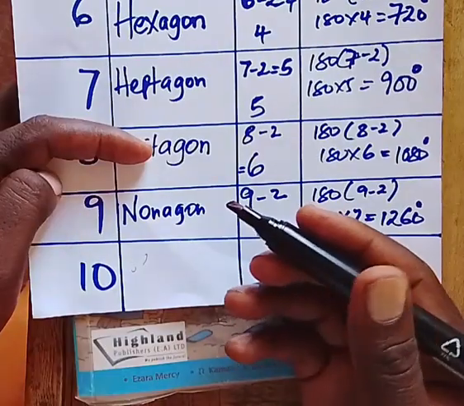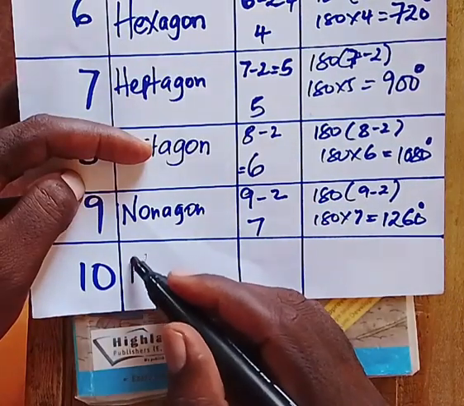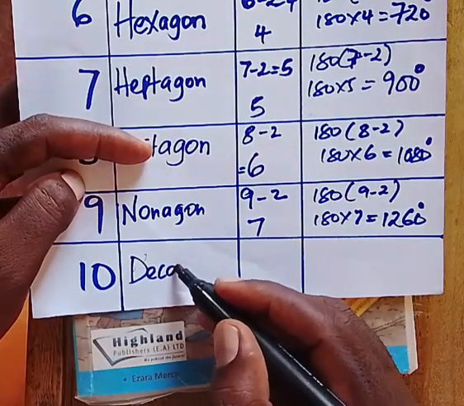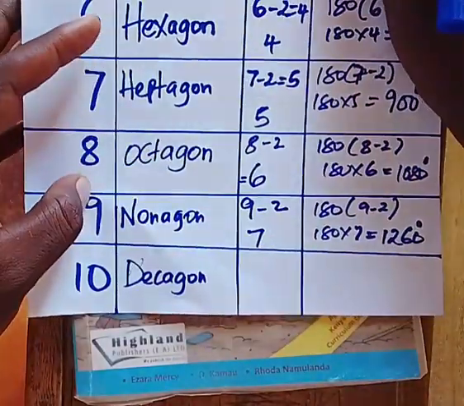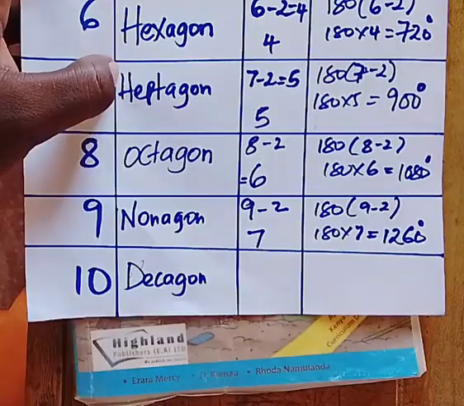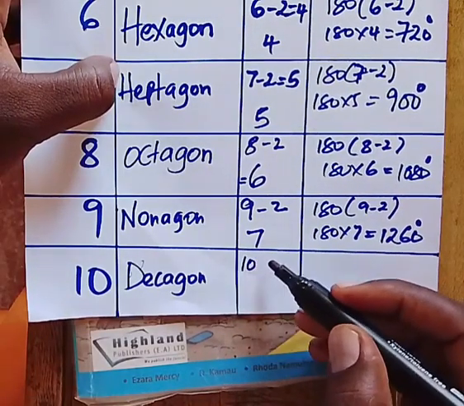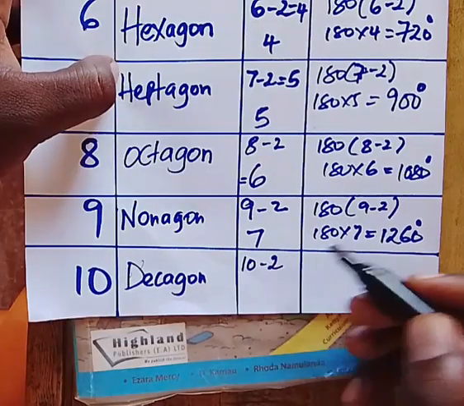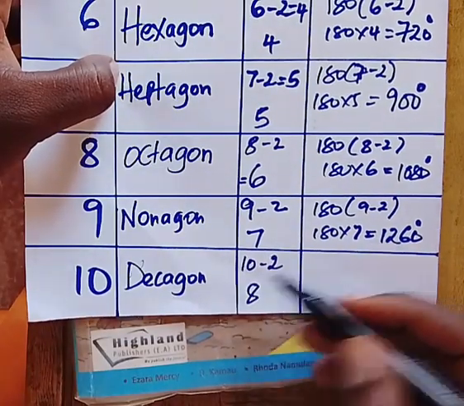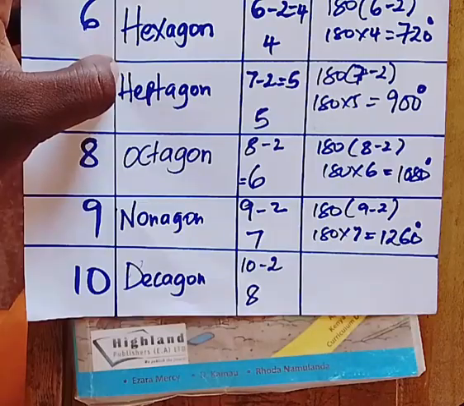Then for 10, a 10-sided figure is called a decagon. And a decagon has 10 sides. Then you subtract 2 to have 8 triangles.